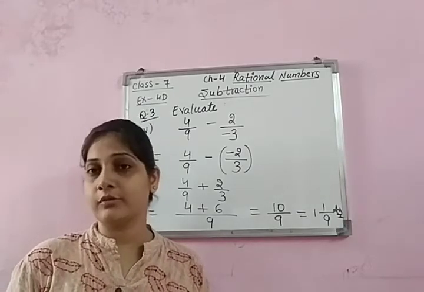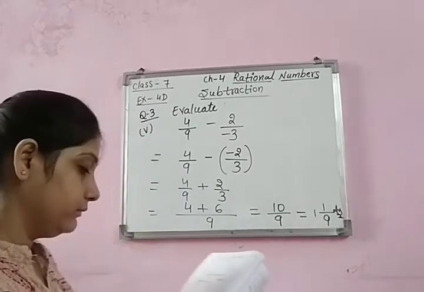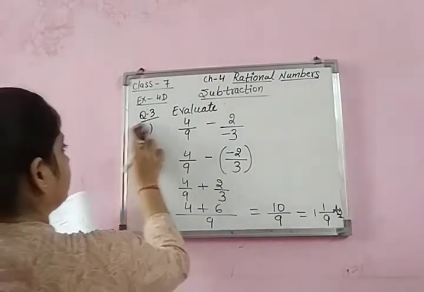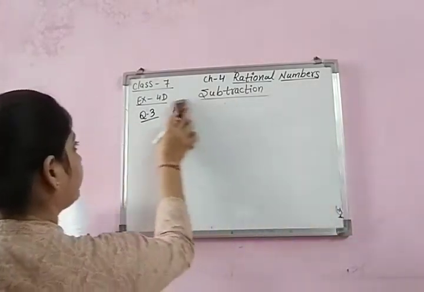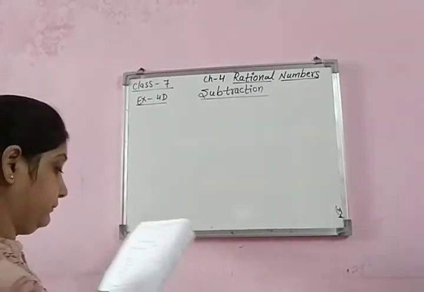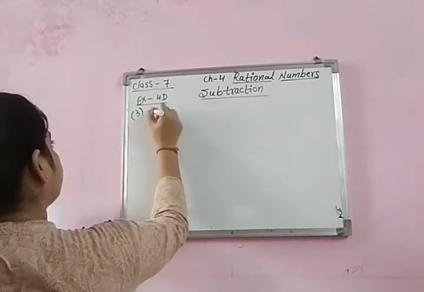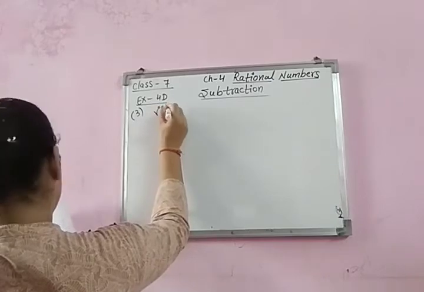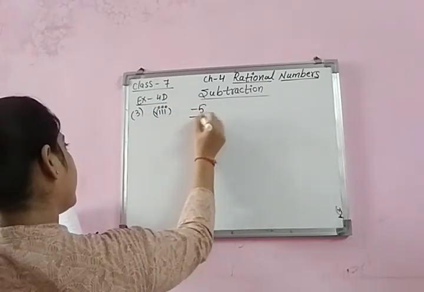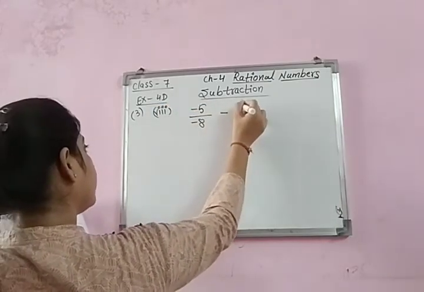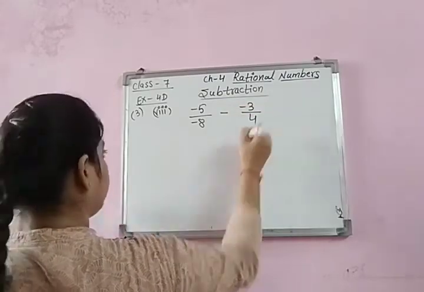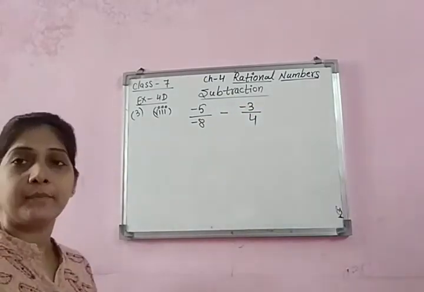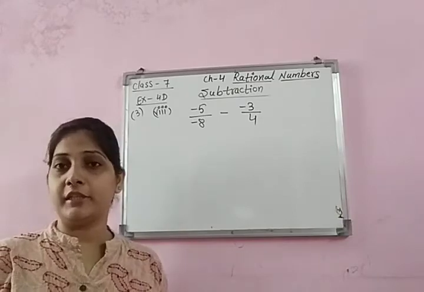Let me share one more question, that is the last one. It is the eighth part of question number 3. Eighth part: -5 by -8 minus 3 by 4. First step, remember, make the denominator positive.